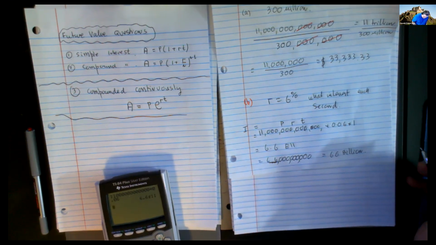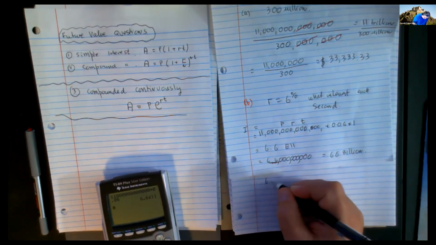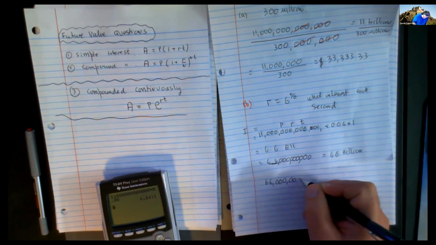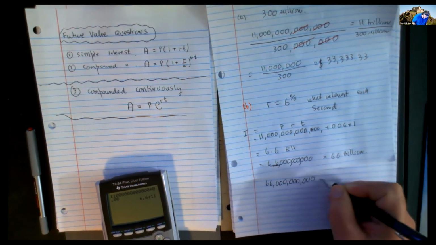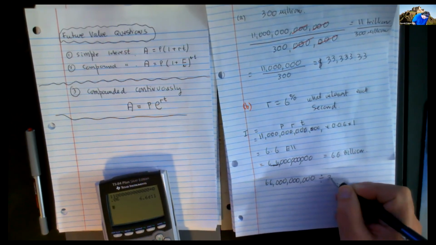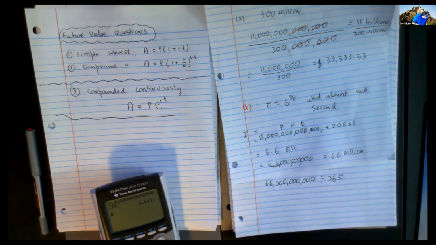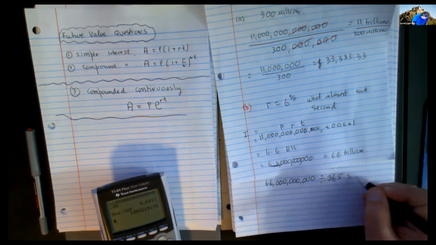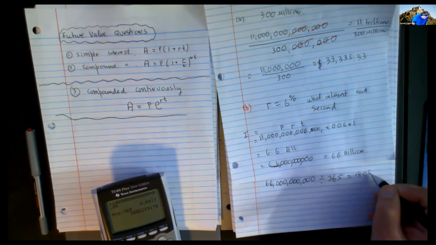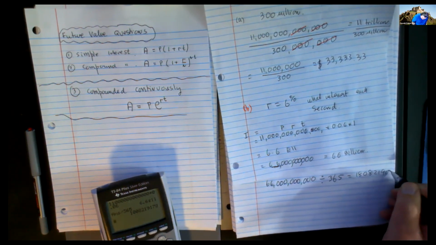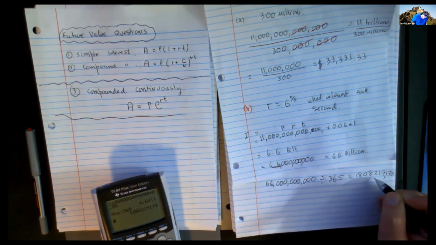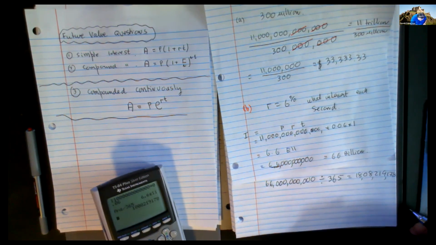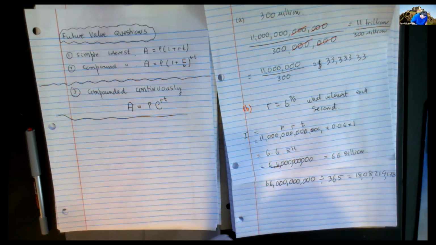Now, let's take 66 billion and divide it by 365. And that ends up being 1808219,178, comma, comma, comma. I got all the zeros there? Let me check that.